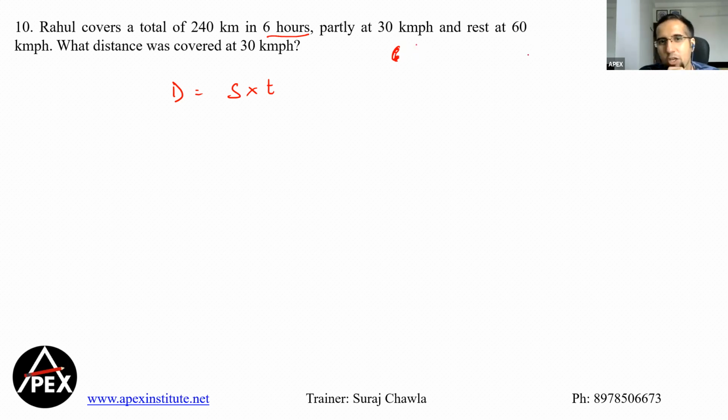So can I say at 60 kilometers per hour, he will travel for 6 minus t hours. Clear, Shravya? So 30 into t is the distance covered in the first phase of the journey, plus 60 into (6 minus t) is the distance covered in the second phase of the journey. And now I know that the total distance covered is equal to 240.